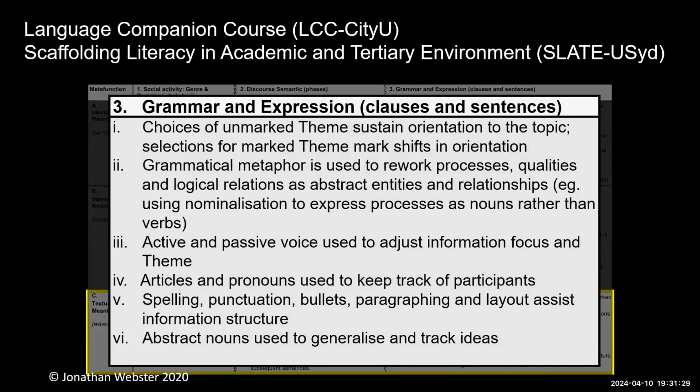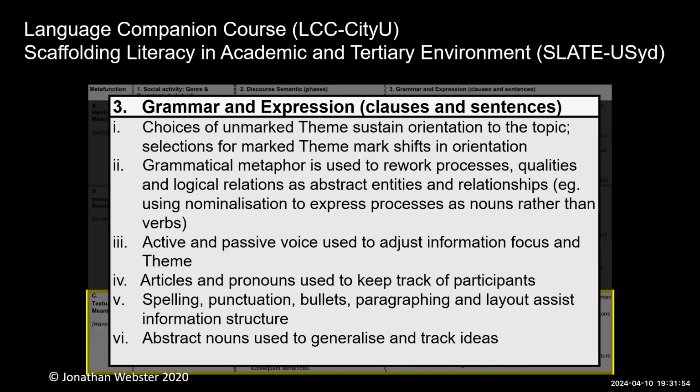Theme. How is theme used within the text? Now, you may not see it if you're just looking at what we've been identifying, what's in that table. Again, I'm going to make this point: do not just rely on what is in those tables.